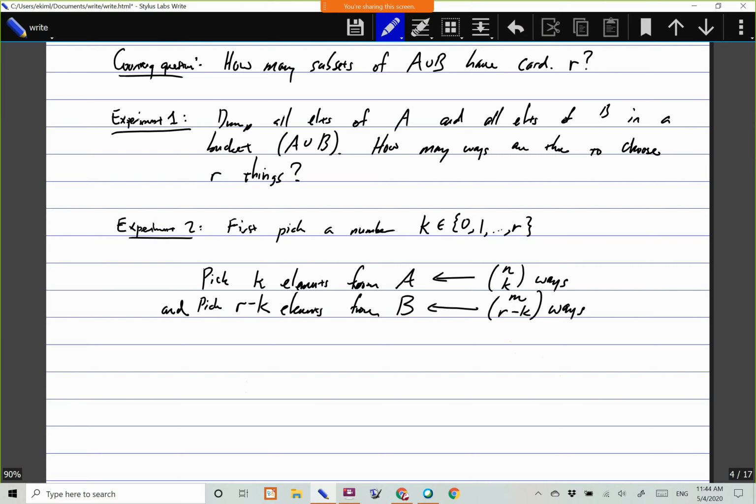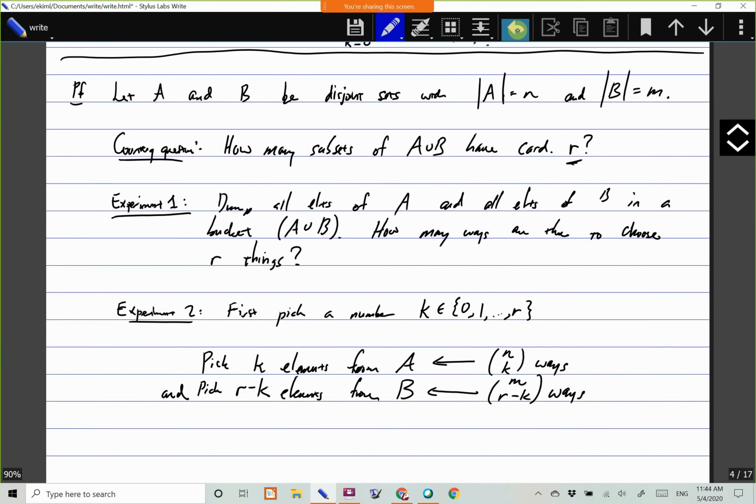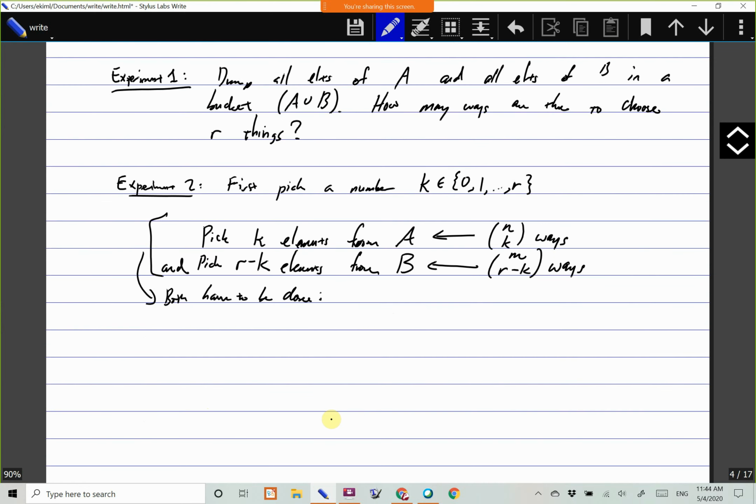But in order to create a subset of cardinality r, you have to do both of these things, right? Both have to be done. So let me say it this way.